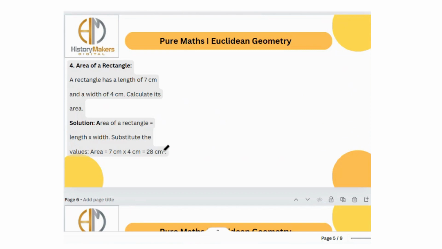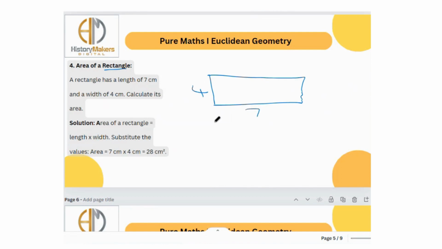A rectangle has a length of 7 centimeters and a width of 4 centimeters. Calculate its area. Now, analyze each and every word given. Rectangle, length is given, width is given. So length, longest side, then you have your width being given as 4, and then you have your length being 7.